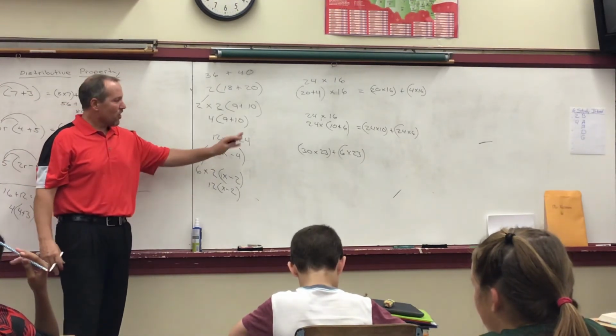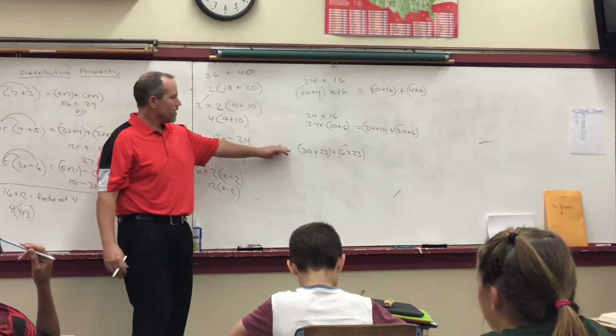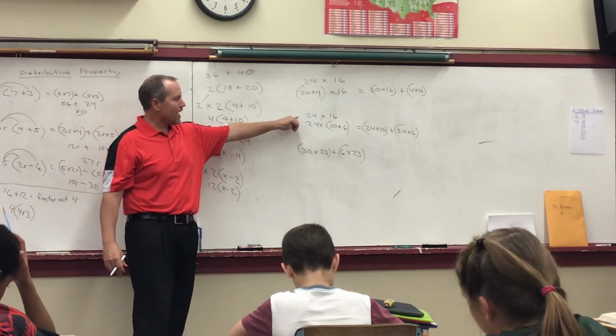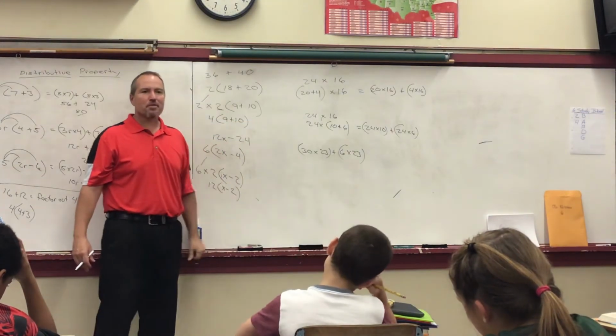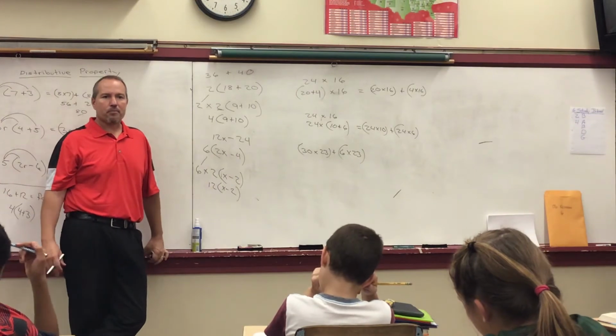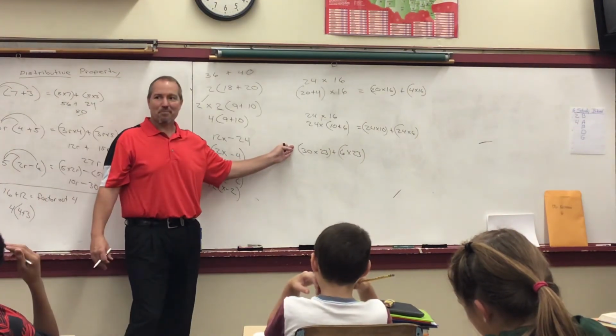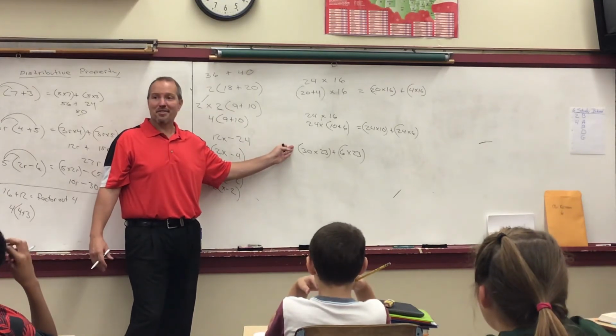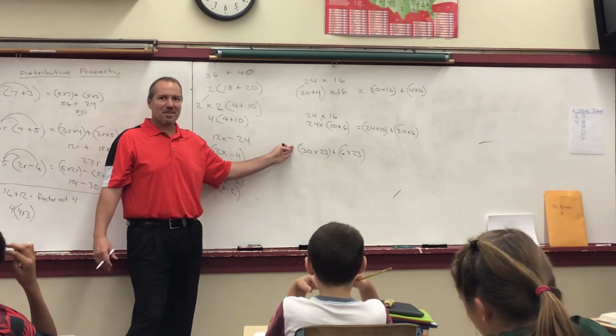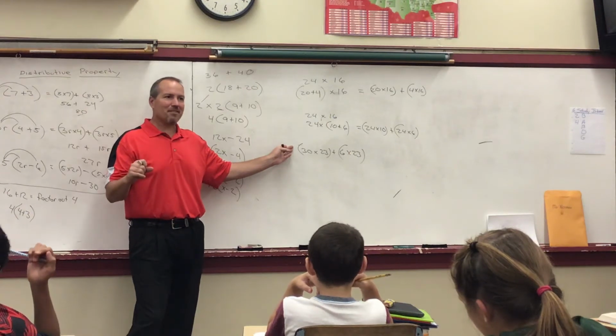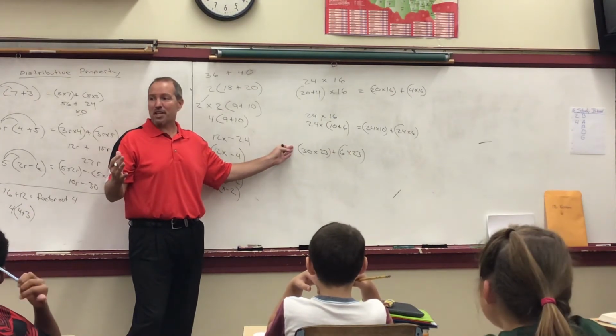If you look at our problem here, based on the pattern we've had up here, which of these numbers has been broken into expanded form? Well, let's make it an easier question. Which number is the same in both quantities? 23. So if that number is the same, that number obviously was not broken into expanded form.